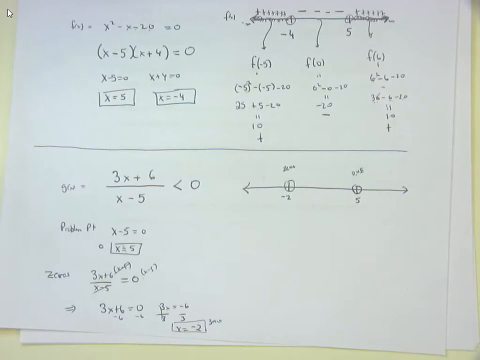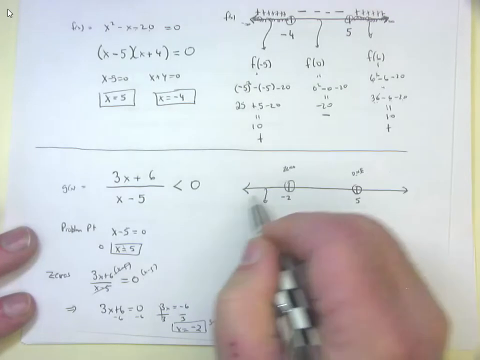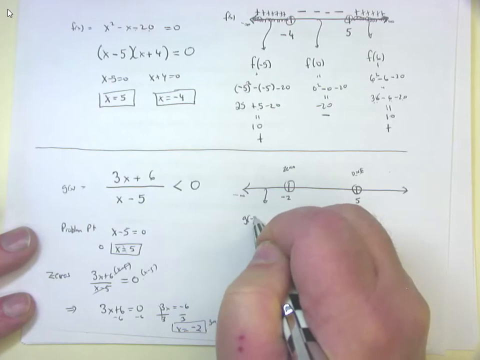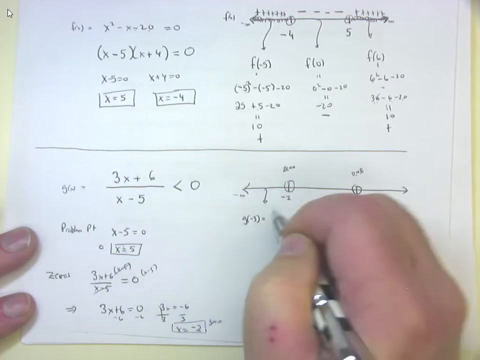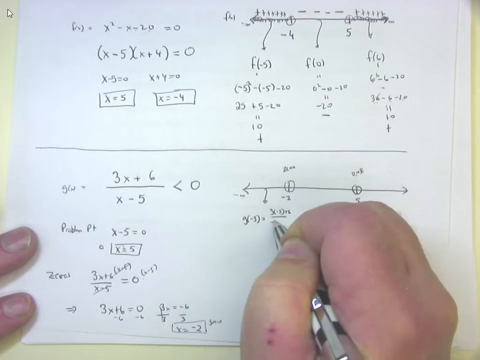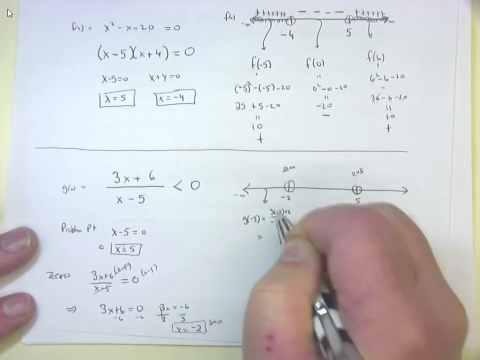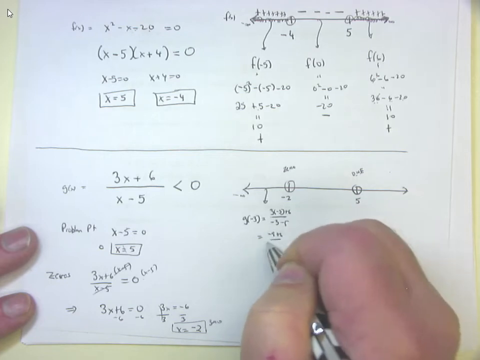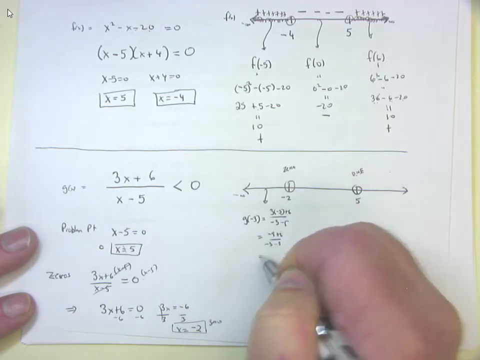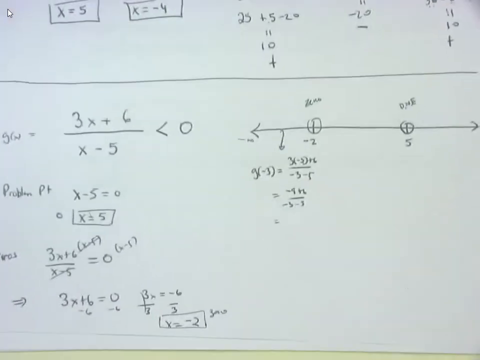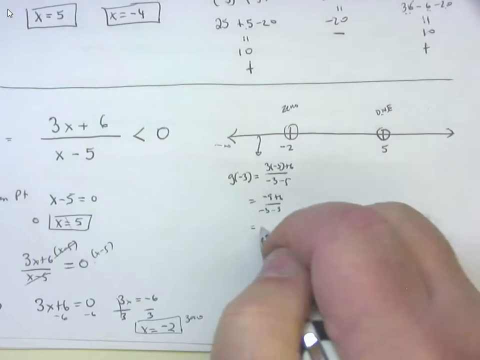Now, I'm going to do my test values. Pick a number in each interval. I pick somewhere between negative infinity and negative 2. I choose negative 3. So g of negative 3, plug it in. This will be 3 times negative 3 plus 6 over negative 3 minus 5. 3 times negative 3 is negative 9, plus 6 is negative 3.